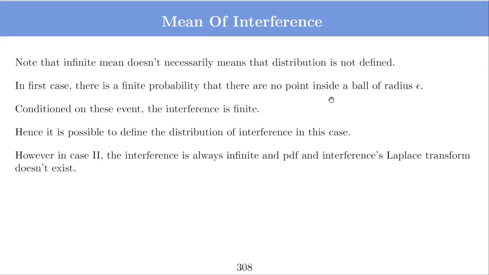There is not even a small probability that there is no point outside it. In fact, there are always going to be an infinite number of points outside it, and with that the interference is always infinite. And in that case, the probability density function and the Laplace transform of this interference is not defined.